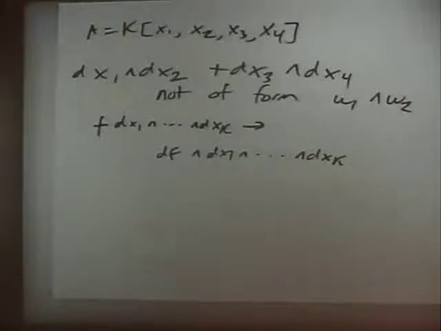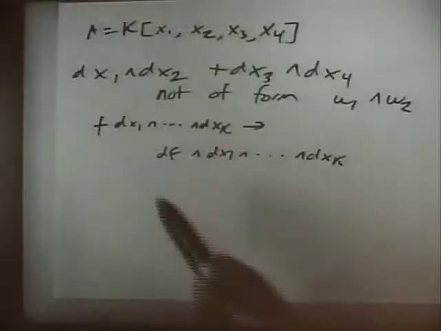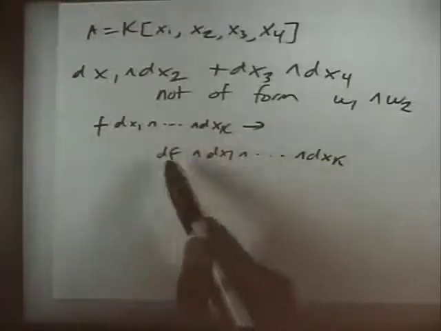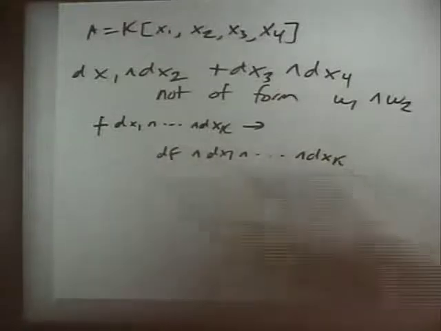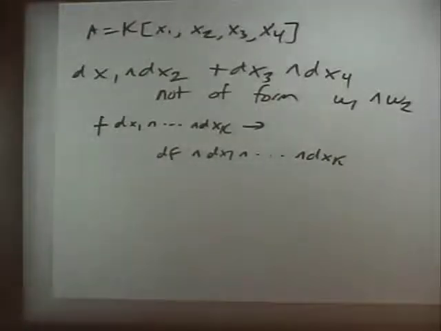As long as you're consistent, this has the property that d composed with d is always 0. You notice x1 through xk could have been any functions here, and so this term doesn't have a coefficient in front of it. So when you hit it with d, you get 0.